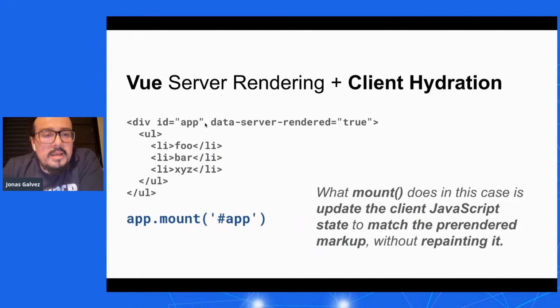Once you have it on the client, what you see is the pre-rendered markup that comes from the state that we have on the server. Since it has a data-server-rendered attribute, when you call the mount method for the Vue application, we're actually updating the JavaScript state to match the pre-rendered markup without repainting it.